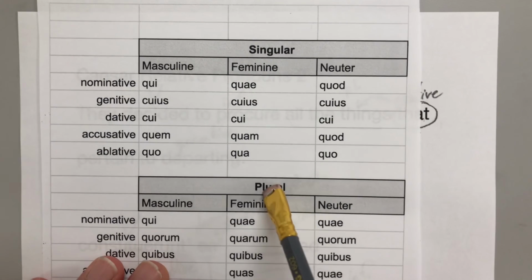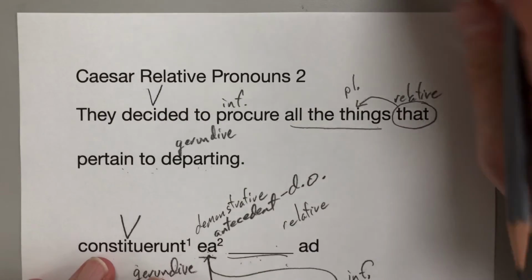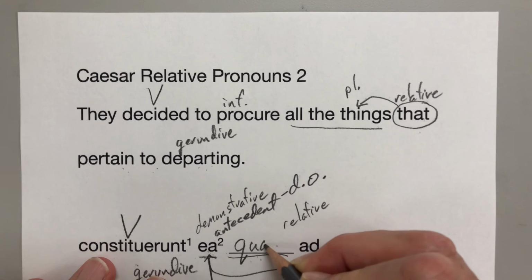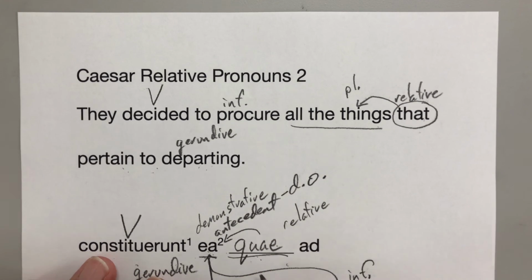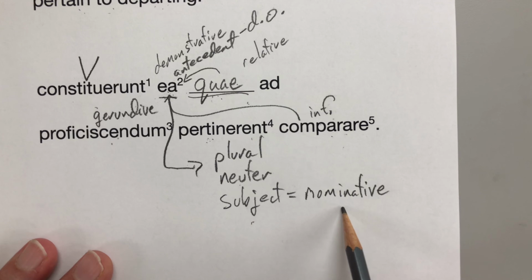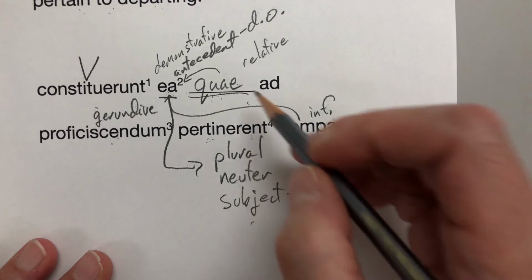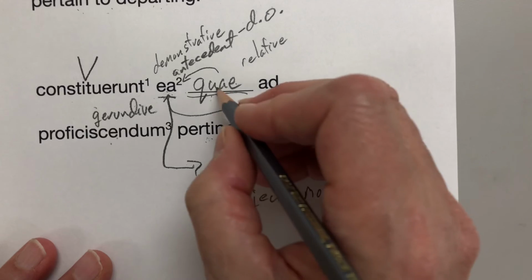We said plural here, we said neuter here, and we said nominative, top row, quae. So what goes in here is quae. It agrees with its antecedent in number, plural, and gender, neuter. Its case, however, is determined by its function, subject, which makes it nominative, in its own clause. It is the subject of pertinerant, which pertain, so it is in the nominative, and that's quae.